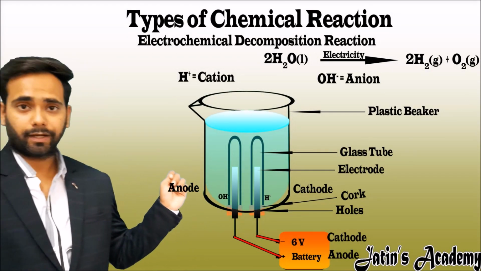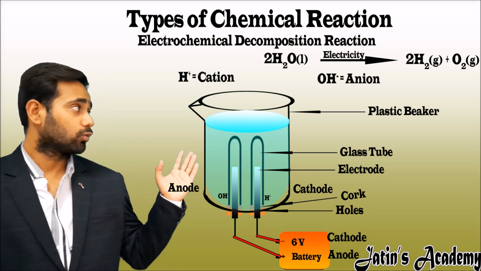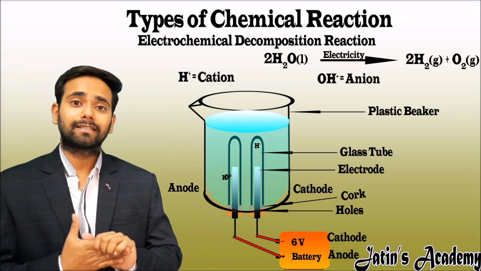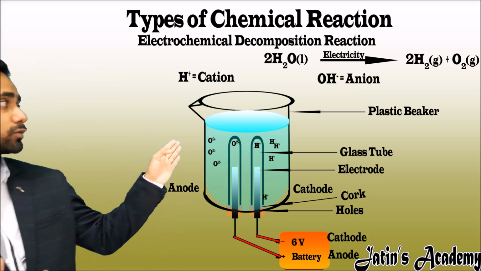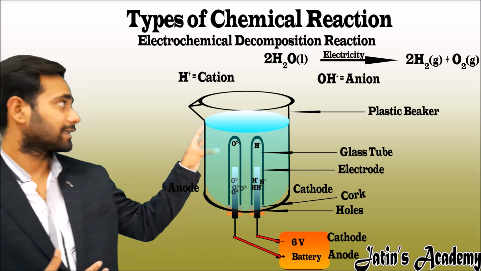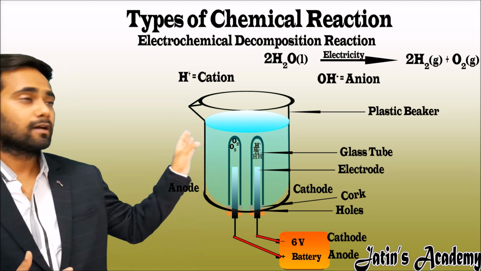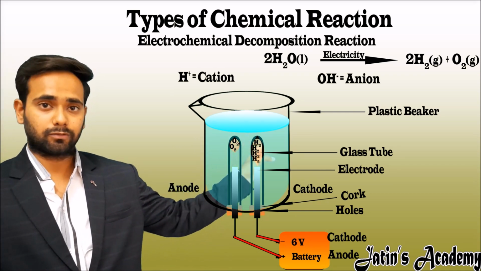On the anode side, OH negative further breaks into O2 negative and H positive ion. The H positive ion, that is the cation, is attracted toward the cathode, and the O2 negative ions collect here, and oxygen gas is produced in the anode chamber and hydrogen gas is produced in the cathode chamber.